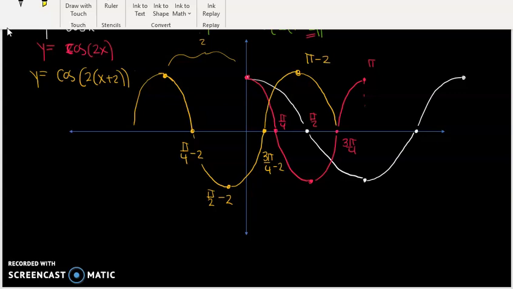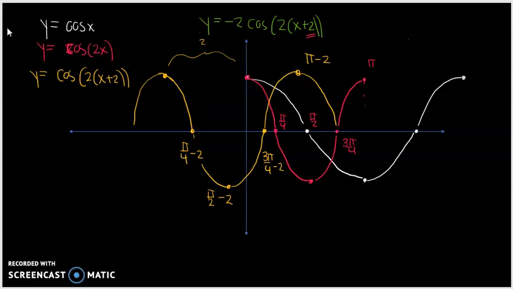So for our final function, at these points, -2 times 0 is still 0. -2 times 1 takes me down to -2, which is down here. -2 times -1 takes me up to +2, up here.